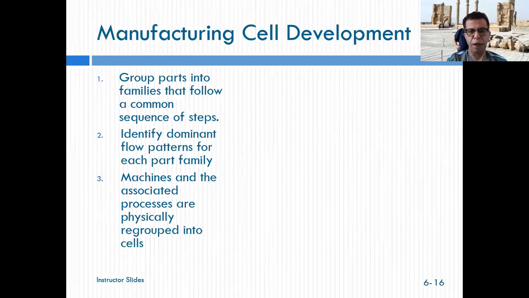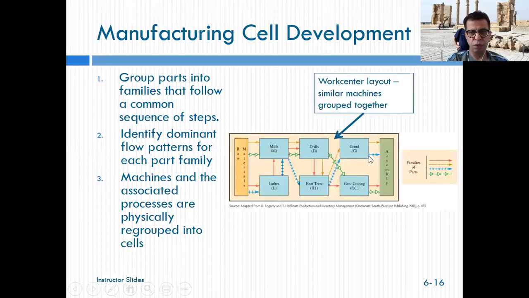Now, as we said, we spoke about manufacturing cell development, and it works that way. It groups parts into a family that follows a common sequence. There are different cells, and each cell is made of different machines that are not similar to each other.